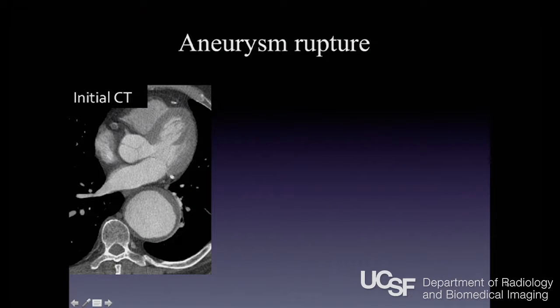And of course, we can see signs of impending rupture or of rupture on a CT scan, and other than just size, those are obviously exceedingly important to know about. This is an initial CT in a patient who had an aneurysm that was pretty close to 6.5, 7 centimeters. So it was in the range where we probably would have repaired even this descending aorta.